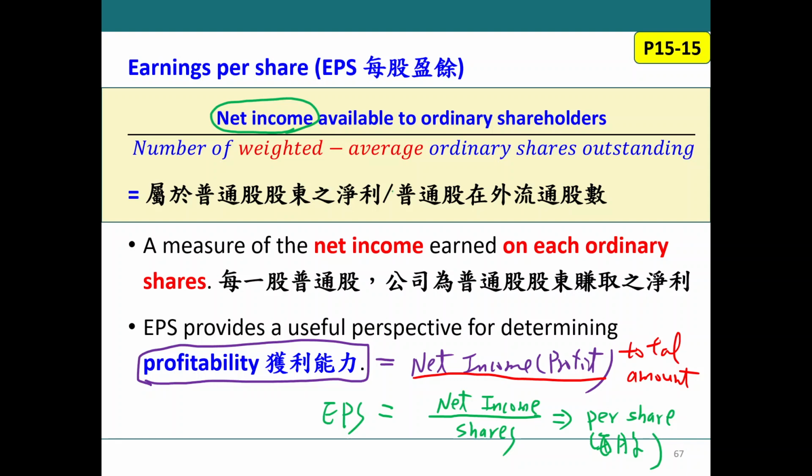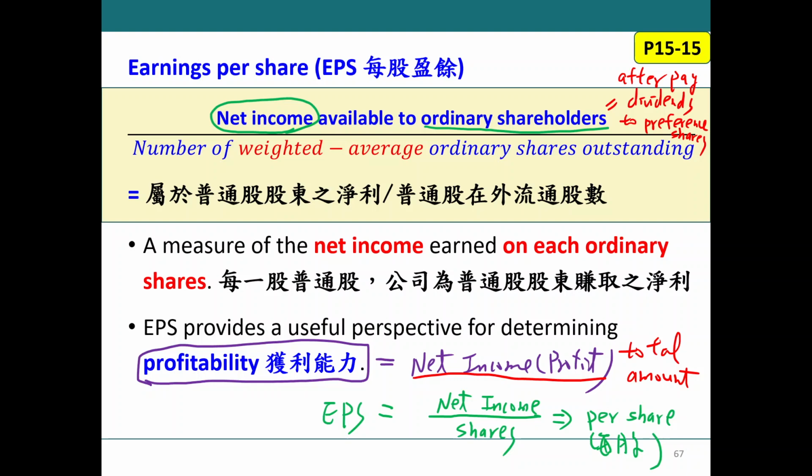So you find net income available to ordinary shareholders, which means after paying dividends to preference shares, the rest belongs to the boss.